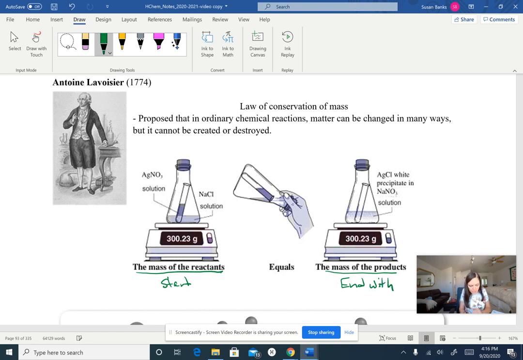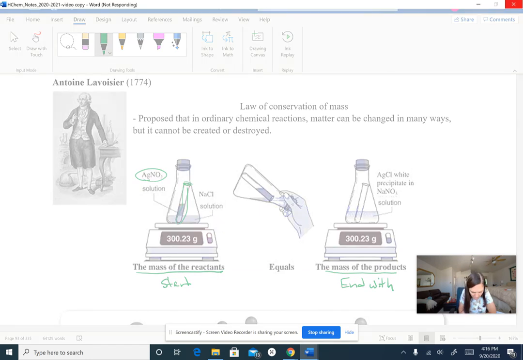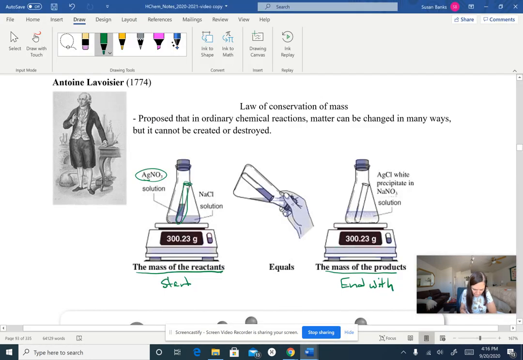Okay? So for example, here in this reaction, we have this test tube that is full of a silver nitrate solution. And we've got a salt solution here on the bottom. And they're separate.